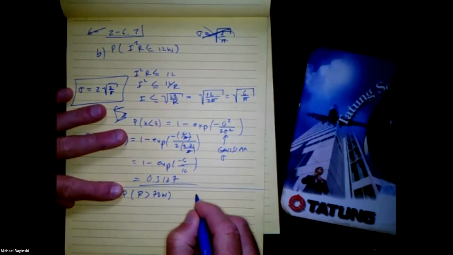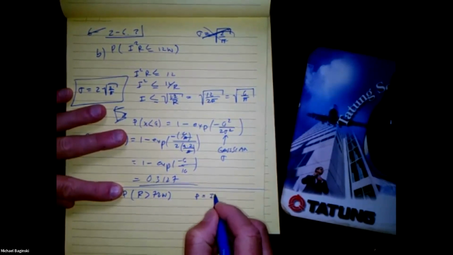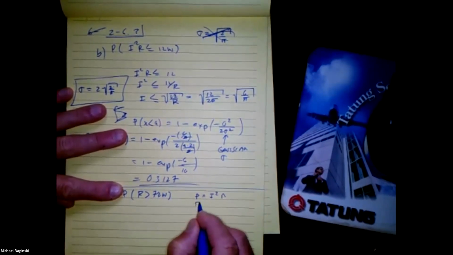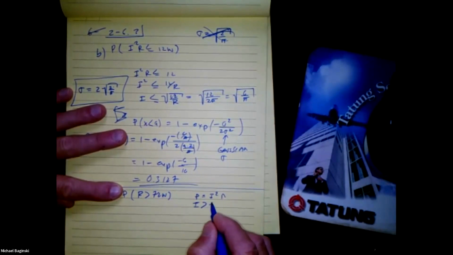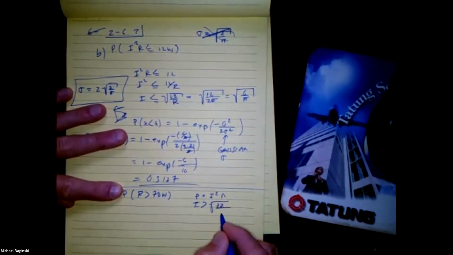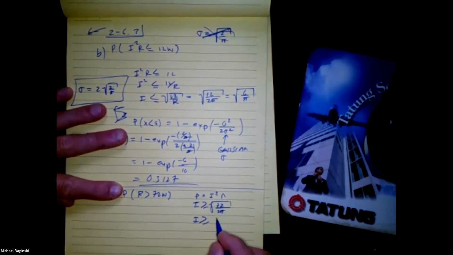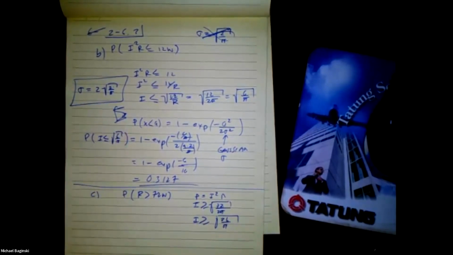Since power is I squared R, I would take P over R and take the square root. So it's the square root of 72 over R, which is 2 pi, and that means I is greater than or equal to the square root of 36 over pi, whatever that is.